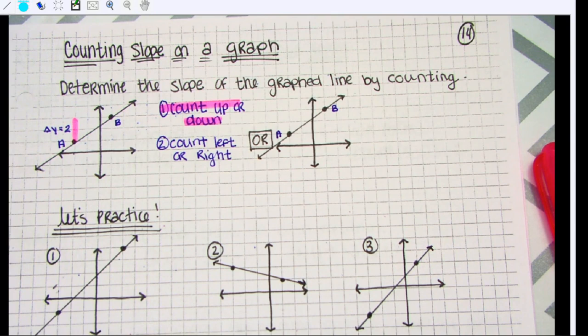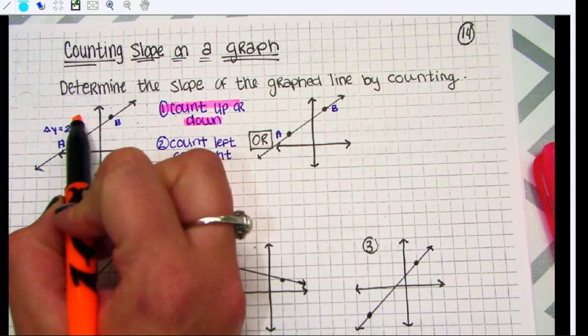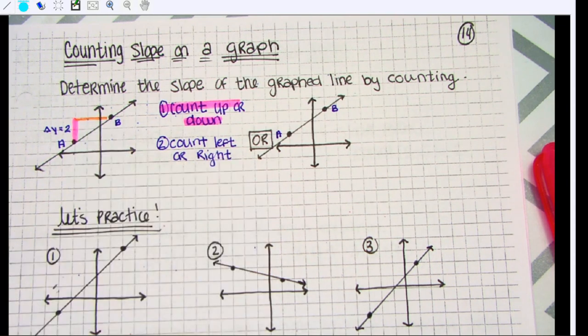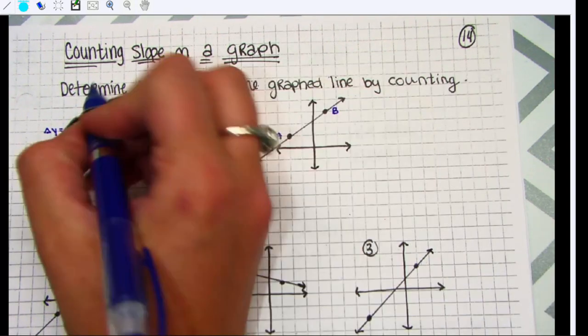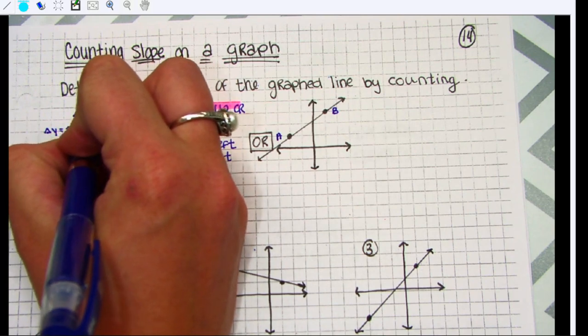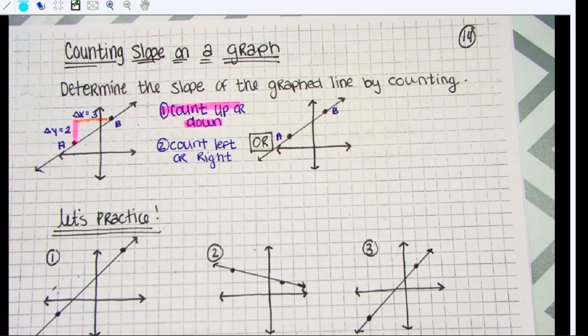So I'm going to start where I left off and count 1, 2, 3. Good. We have counted 3 units in the X direction, so I'm going to put change in X equals 3. Now, is it positive or negative 3? Positive 3. Why is it positive 3? Went to the right. Good job.